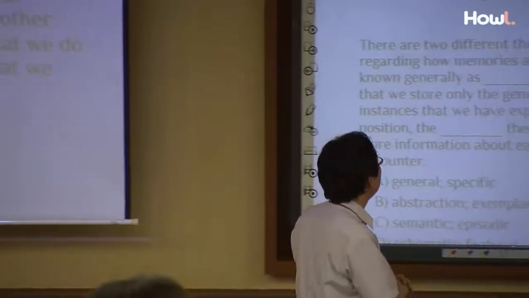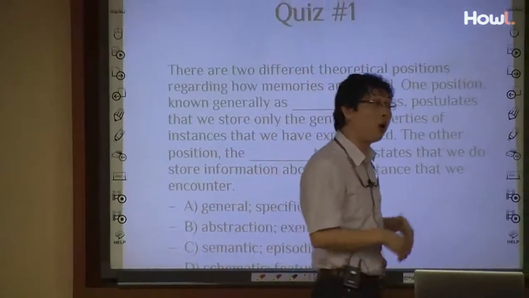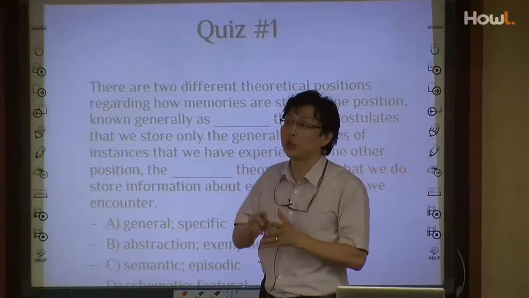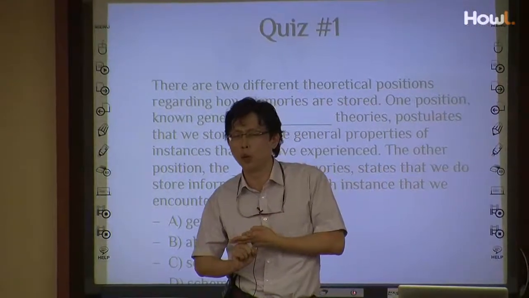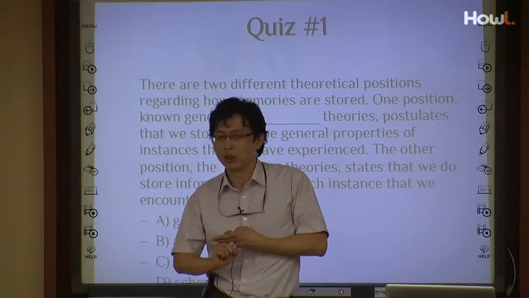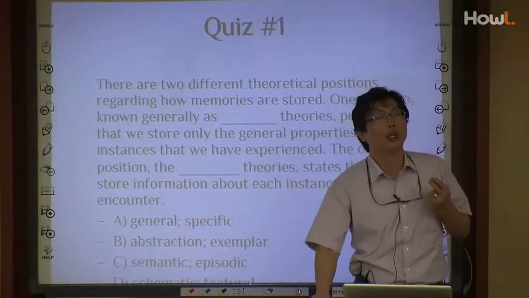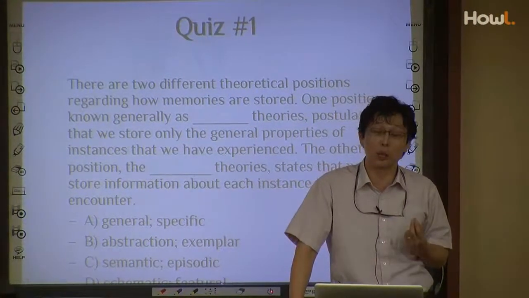Based on these two different frameworks, today's lecture covers two different theories or models of memory. If this one is right, we have to know the levels of processing model in memory.